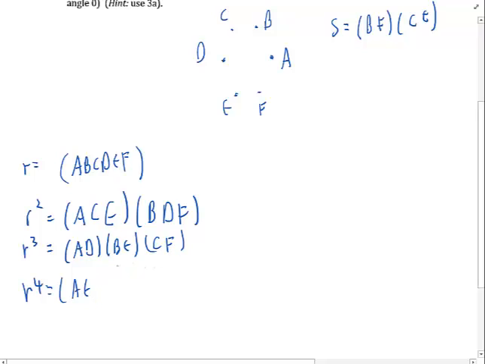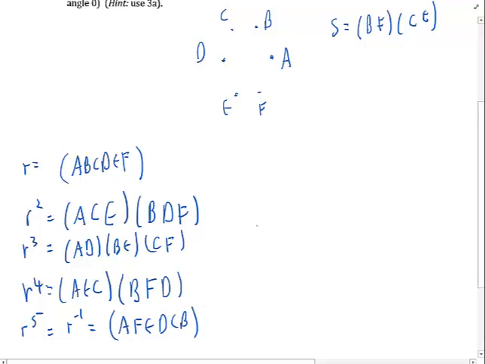A, E, C, and then B goes to F, and F goes to D. Now notice that R to the fourth is R squared inverse, so R to the fifth is R inverse, and that's equal to A, F, E, D, C, B.